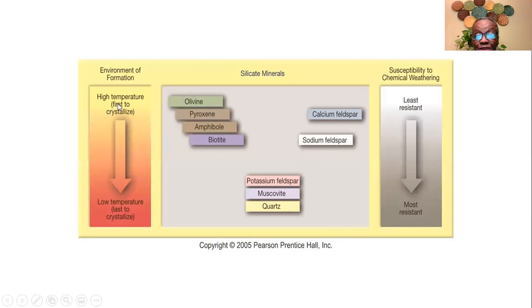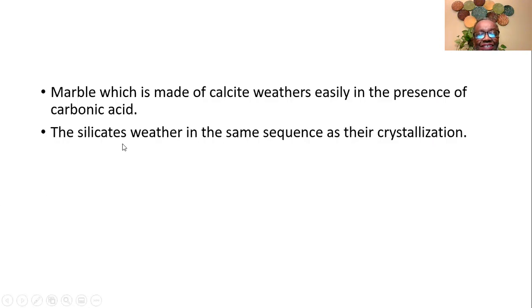These are at high temperatures, and on the surface of the earth, that's the least resistant environment. They'll be least resistant, and so they're going to weather easier. They're the first ones to crystallize out, so on the surface of the earth they'd be the first ones to weather. Okay, so that makes this statement, silicates weather in the same sequence as their crystallization, make sense.